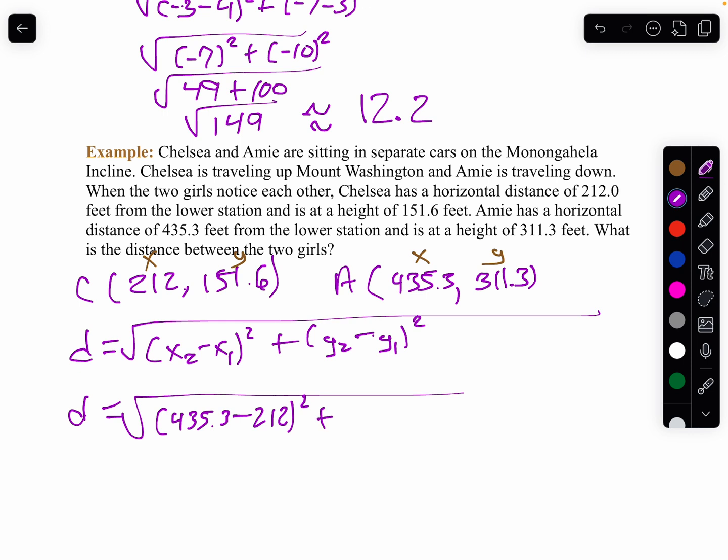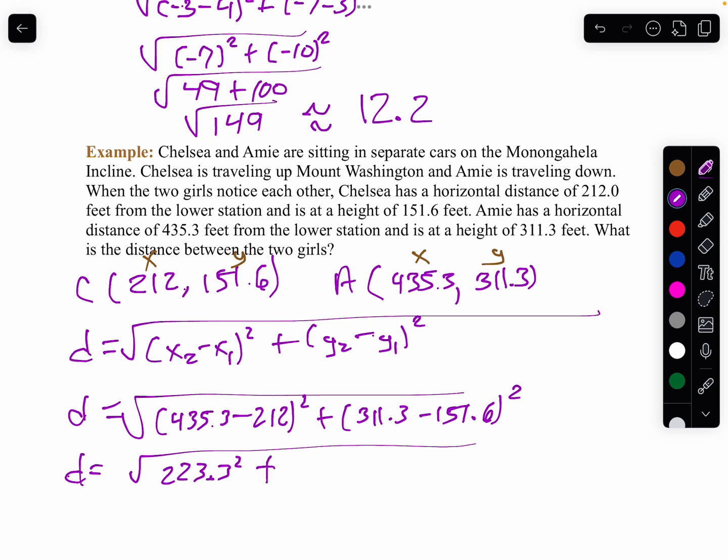And then we'll go 311.3 minus 151.6. And we'll square that. Well, if you subtract, you get 223.3 squared plus 159.7 squared. Square those out.